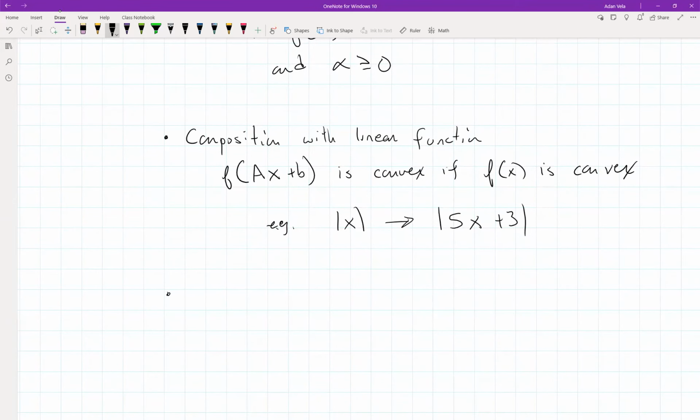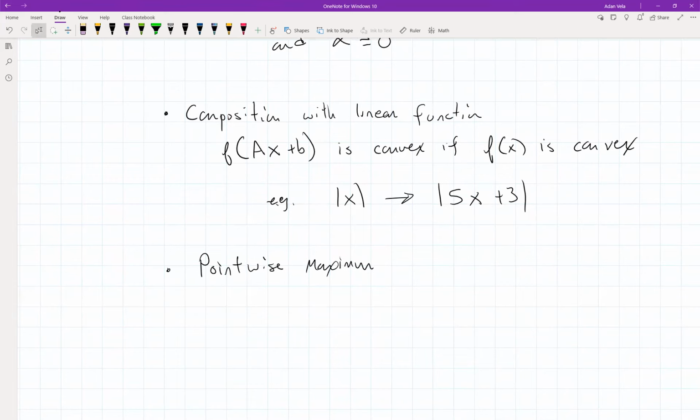The last property that we're going to discuss, that again is actually going to help us in approximating nonlinear convex functions, is something called the pointwise maximum. So let's say we have some f of x, and it's actually the maximum of a bunch of different functions, right?